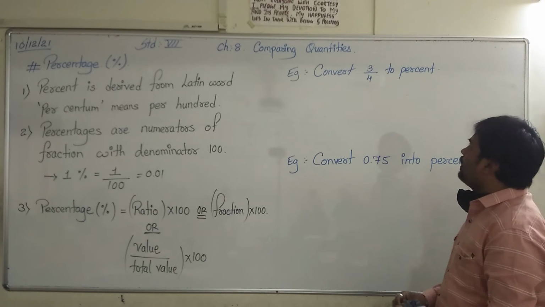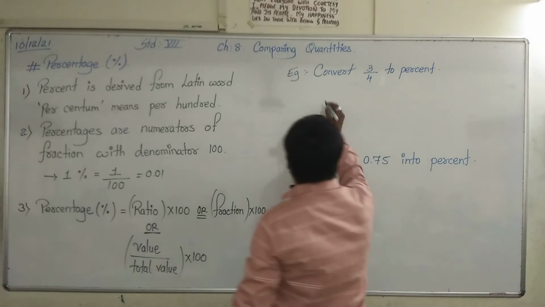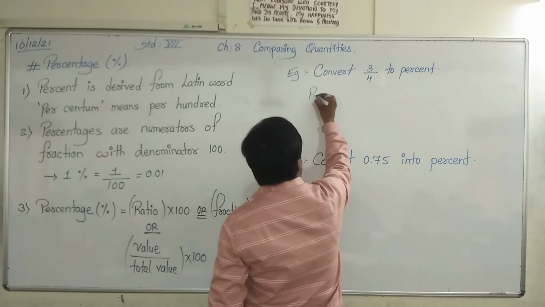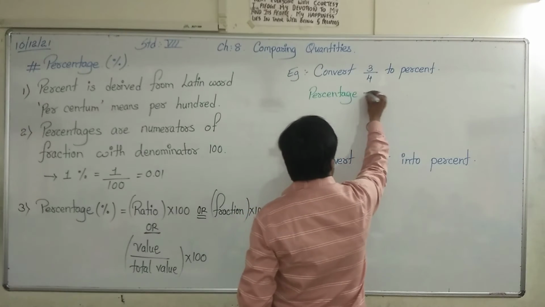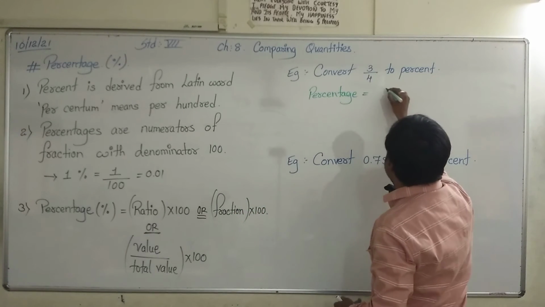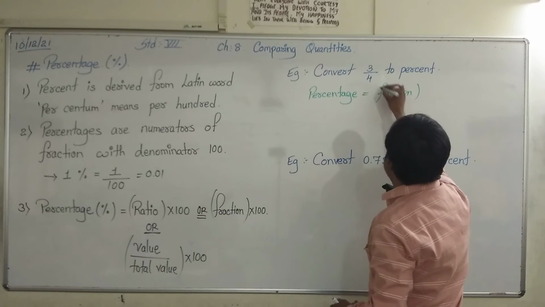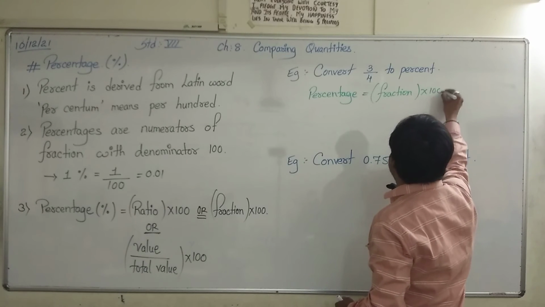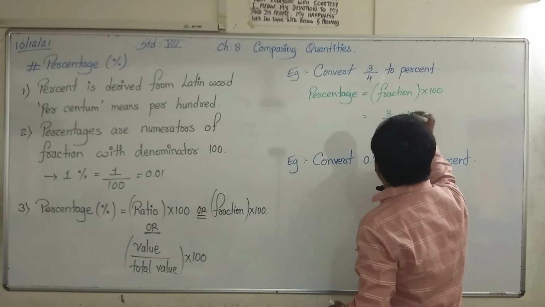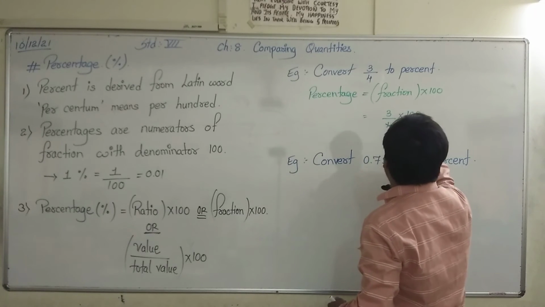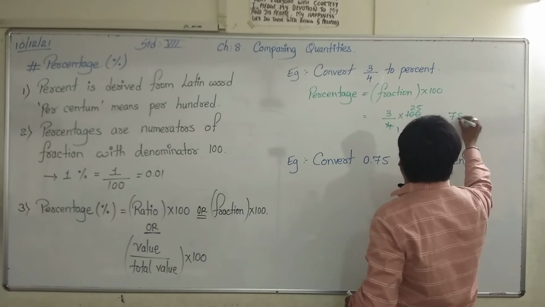First one: convert 3/4 to percentage. Percentage is equal to, which form of number is this? Fraction. So fraction multiplied by 100, that is equal to 3/4 multiplied by 100. 4 ones are 4, 25s are 100, so that will be 75.